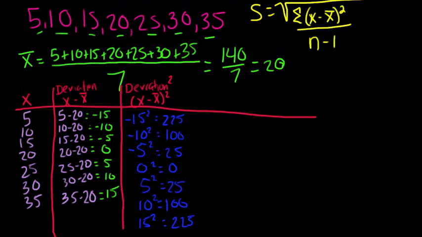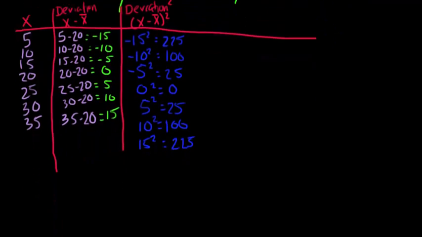Our next part of the equation is to add the sum of the deviation squared. Again, I just like to say, okay, add all of these numbers up. When you add all those numbers together, you will get 700.